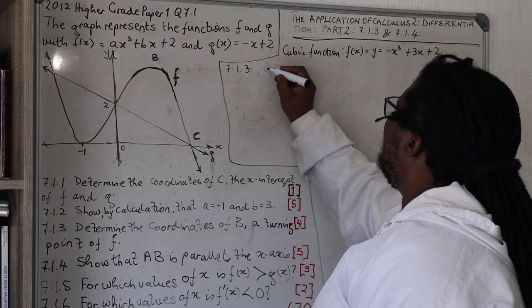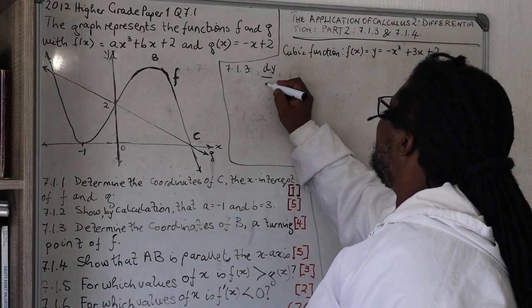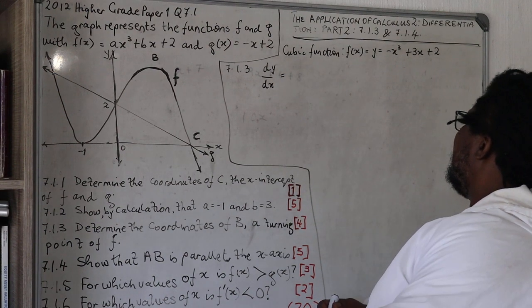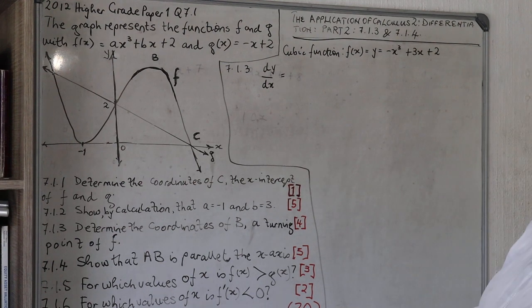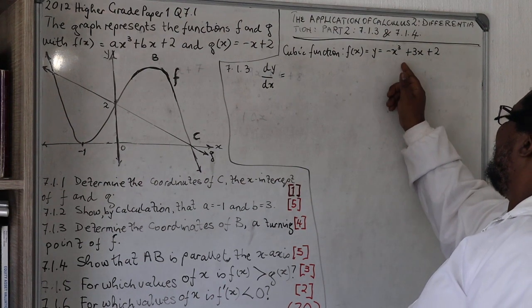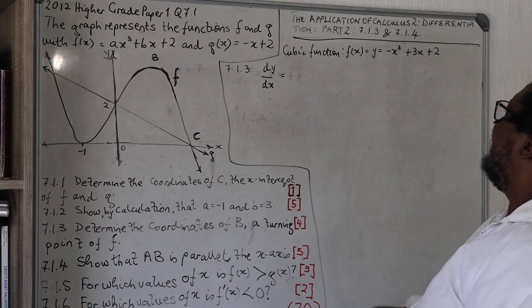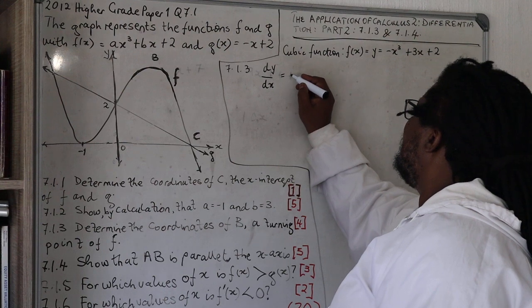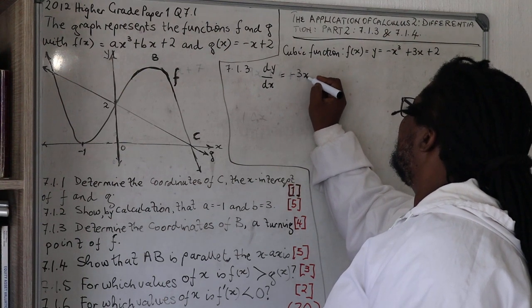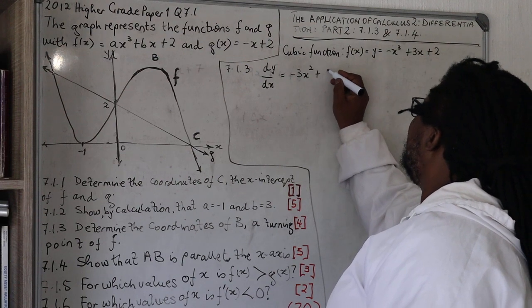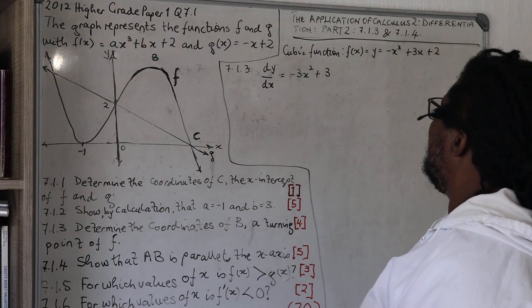We have dy/dx is equal to, differentiation is basically multiply by the power and reduce the power by 1. So our dy/dx is equal to minus 3x squared plus 3, and our constant goes to 0.